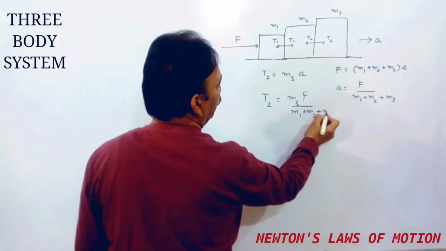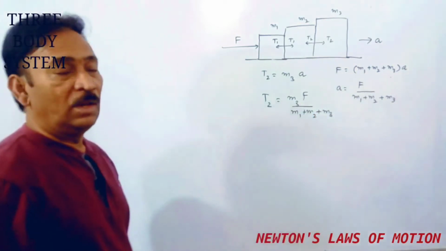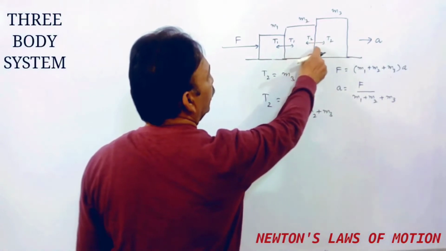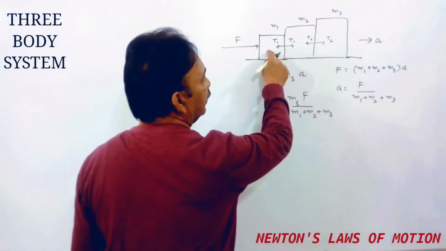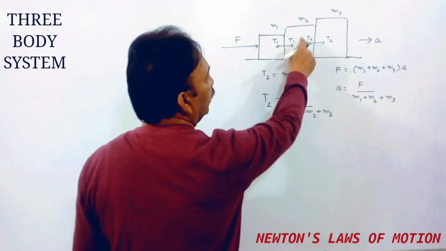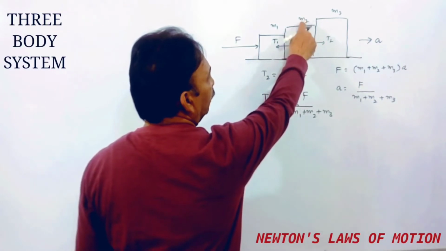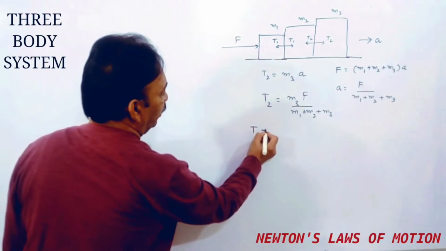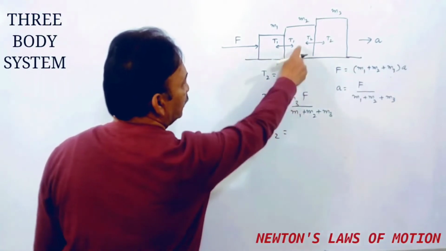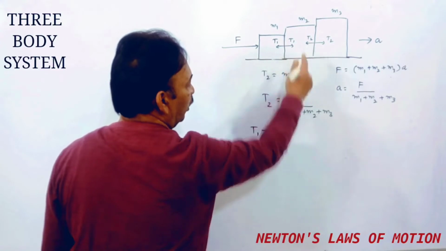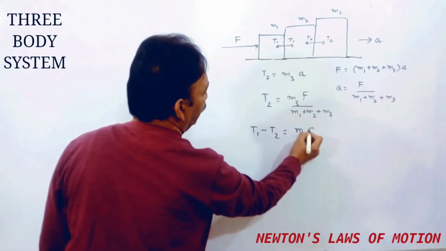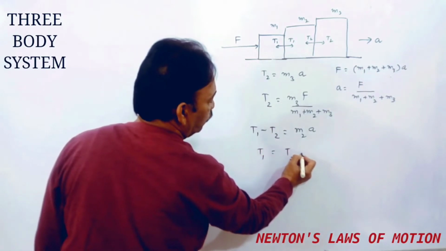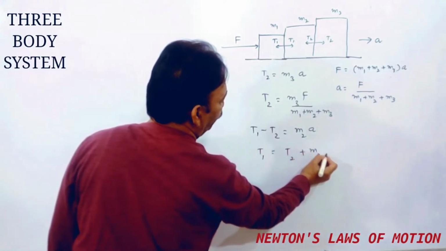Okay students, now is the time to find out the T1. See this, the difference between the two. Here T2 is in this direction, T1 is here. The difference between the two is providing acceleration to this block m2. Then we can write T1 minus T2 is equal to m2 multiplied with A, that is T1 is equal to T2 plus m2A.